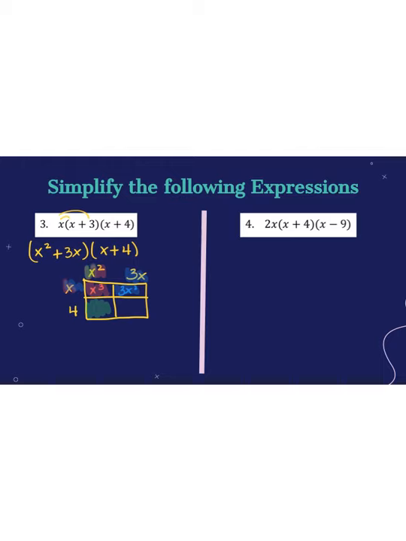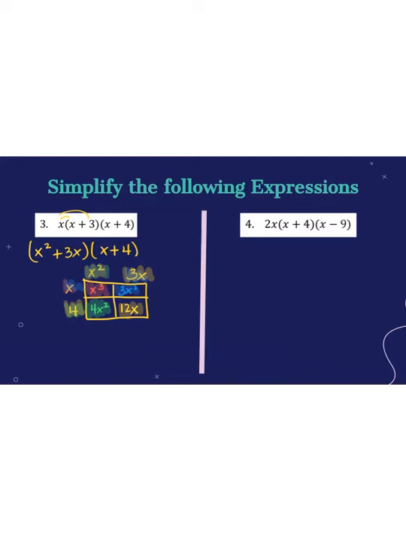In this box, x squared times 4, I have 4x squared. And then this last one, I have 3x times 4. 3 times 4 is 12. And then I have just that x.